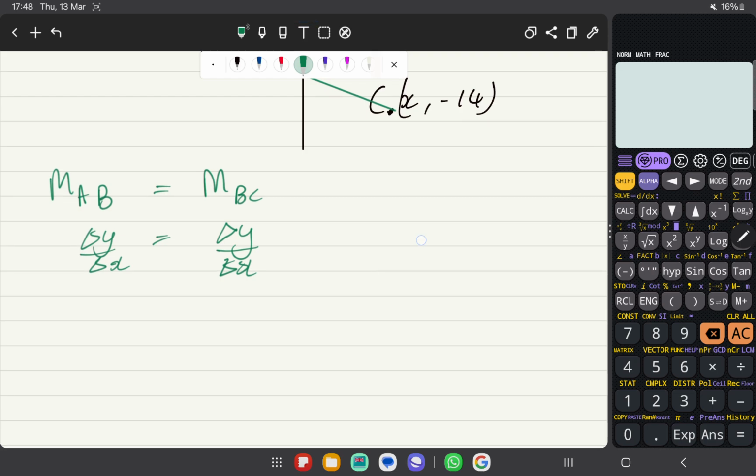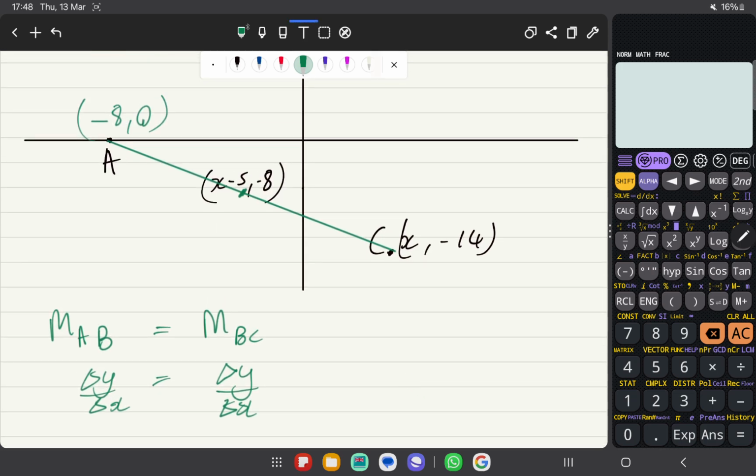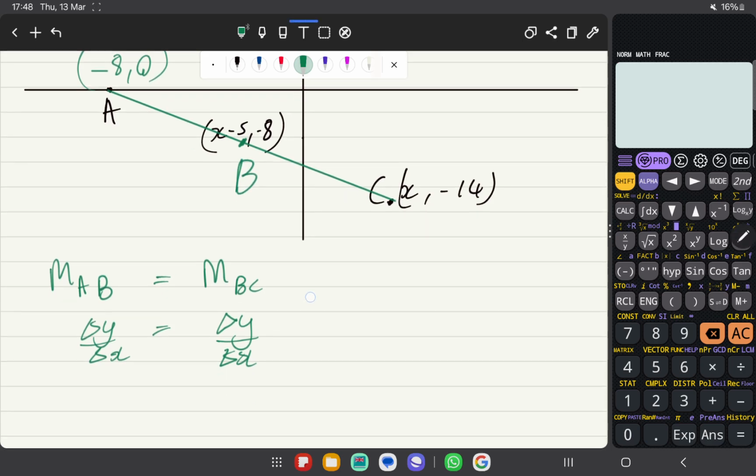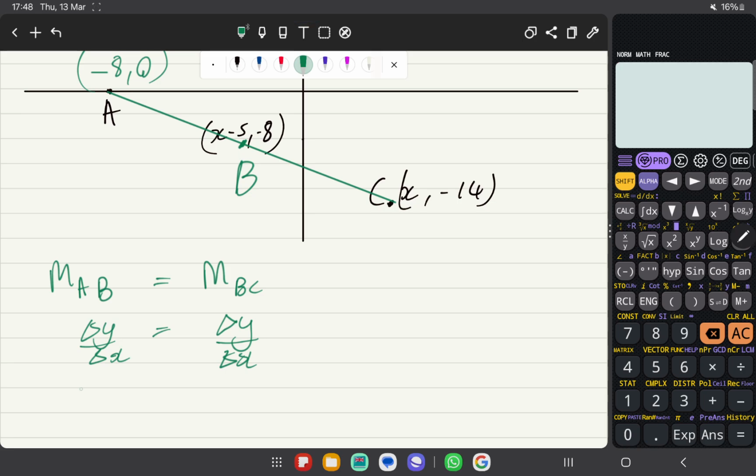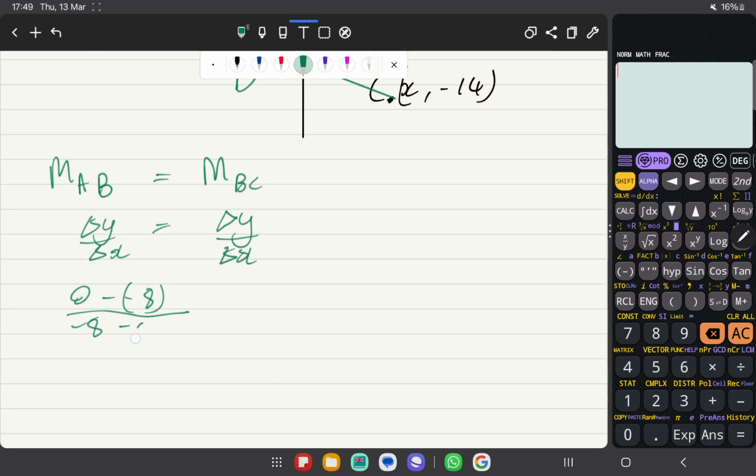What do we have? Y1 minus Y2. For B, that is 2. So for y, I can say 0 minus 8, and then I will say -8 minus (x - 5).